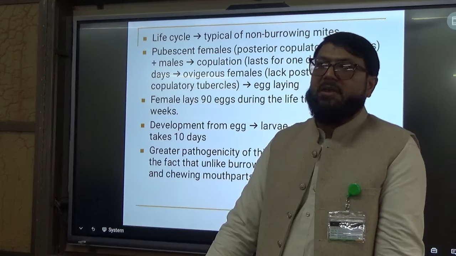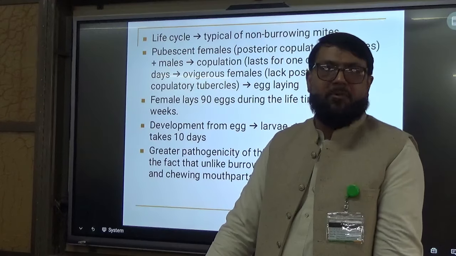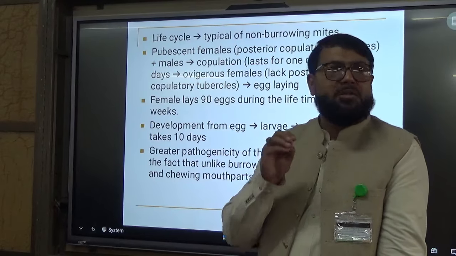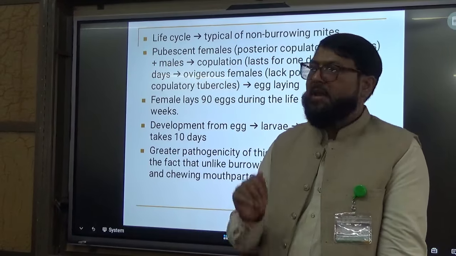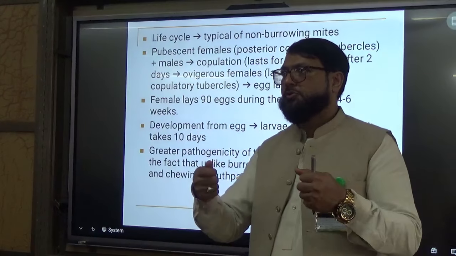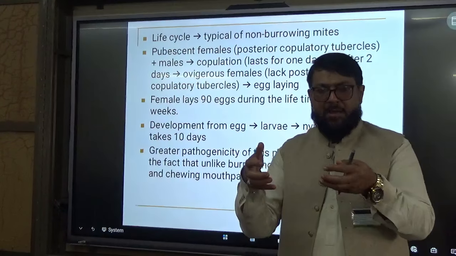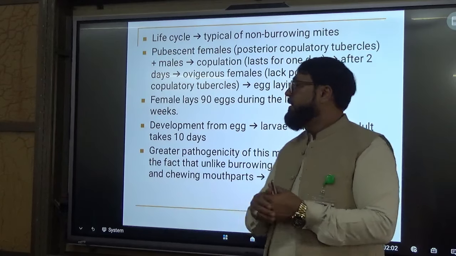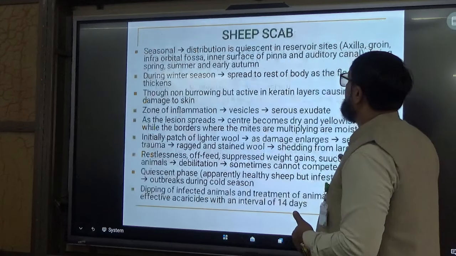Instead, they have projected mouth parts with which they can cause severe damage, because now they have to rely on the topical part of the skin. And every time they reach the topical part of the skin, they need some tools to slough off the epithelium so that they can eat the dead tissue from there. So that's why their mouth parts are a little more advanced.